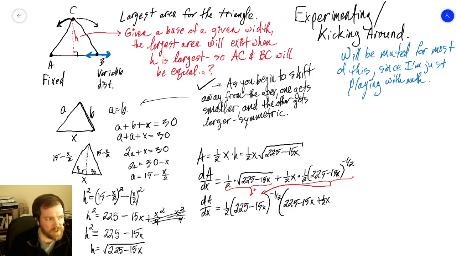I'm going to assume, I think it's right, that as you begin to shift away from the apex, AC and BC are going to be equal to make the largest area. If that's not true, then as you start shifting away from the apex, one of them is going to start getting smaller and the other one's going to start getting larger.